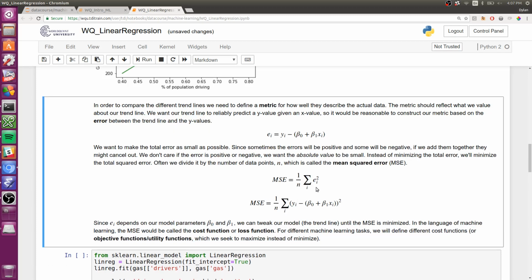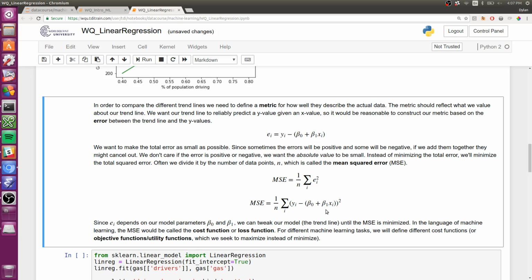So here I've written out the formula for the mean squared error, and we see that it depends on our model parameters, beta naught, or beta 0, and beta 1.